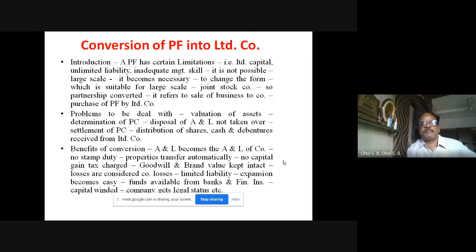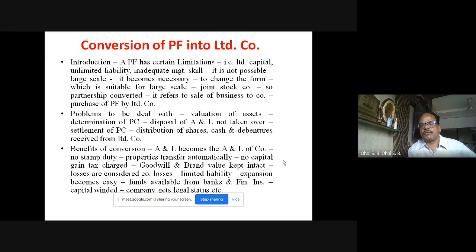Again, expansion becomes easy. In the partnership business, there are various limitations, drawbacks, disadvantages and problems, but these are automatically resolved, and the expansion and development of a big business becomes very easy.